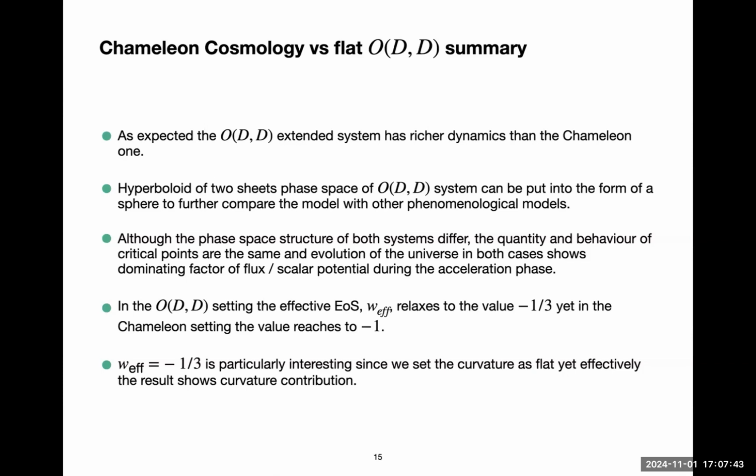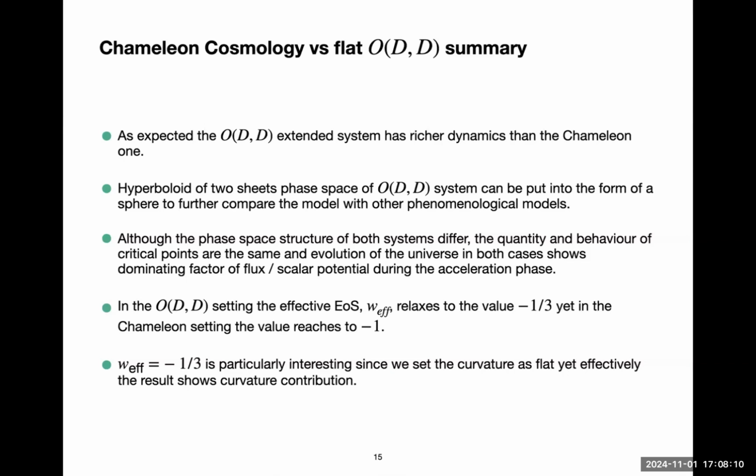This is very different from standard cosmology, and we see the interesting properties of the stringy gravity of the ODD complete setting when we do a curved analysis as well, which I will come to later. Because -1/3 is not special in this setup, it is quite interesting that you get it.